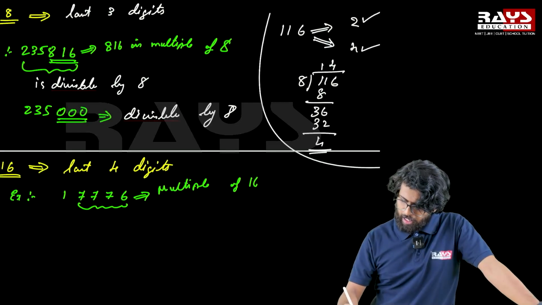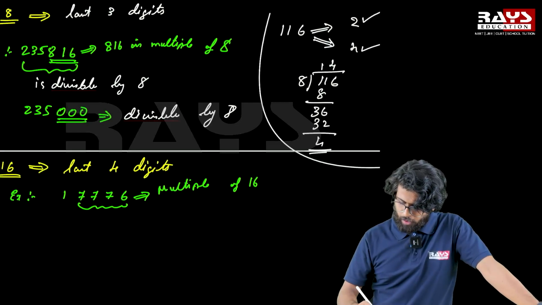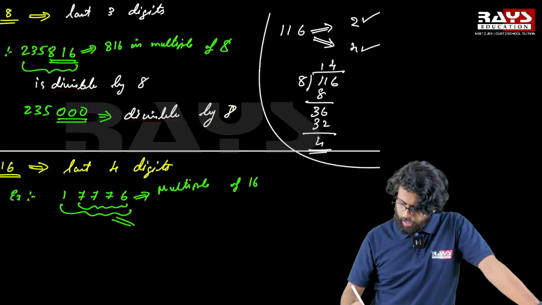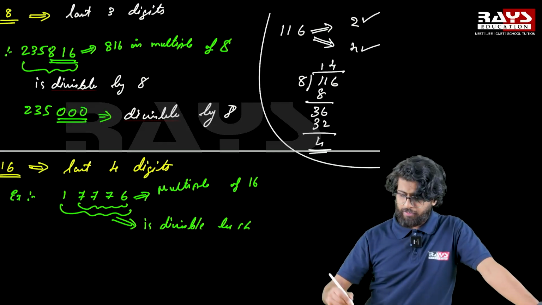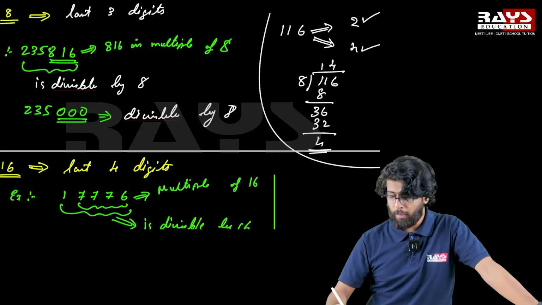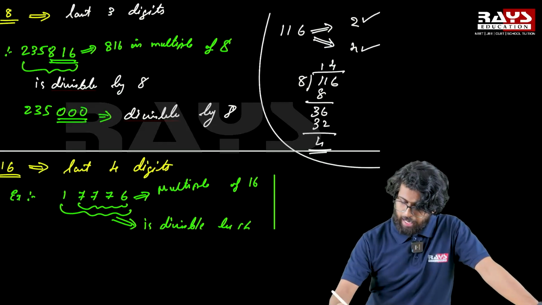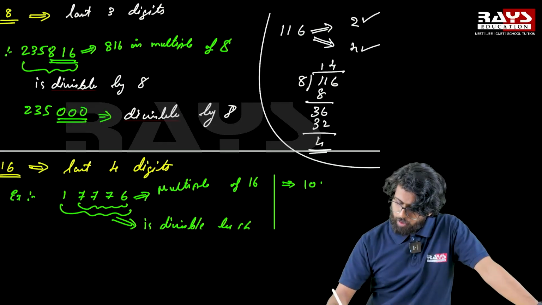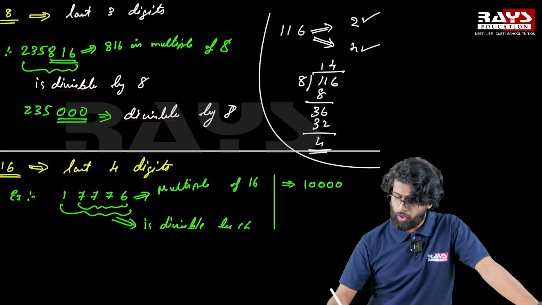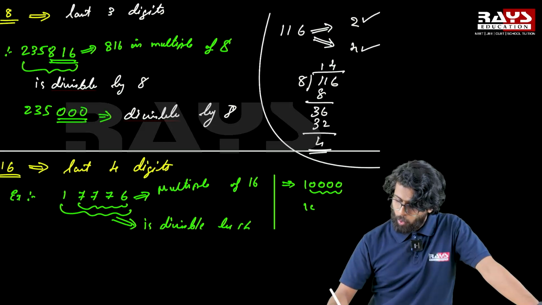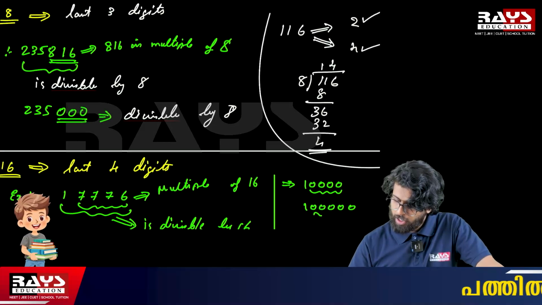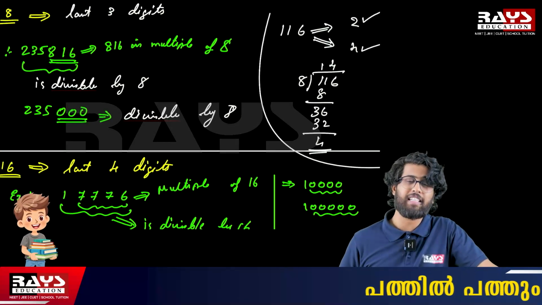Therefore the whole given number is divisible by 16 as well. And if the last four numbers are 0, for example 10,000, the last four numbers are 0, so it is divisible by 16. Let's take 1 lakh, it's also divisible by 16 because the last four numbers are 0.